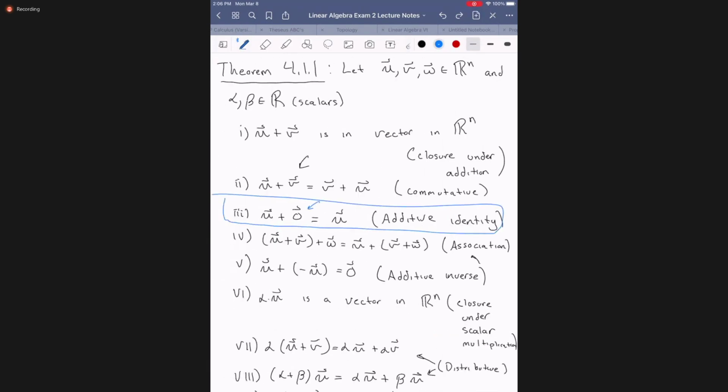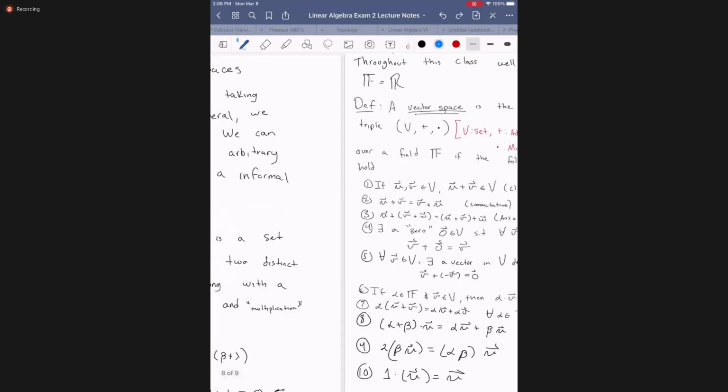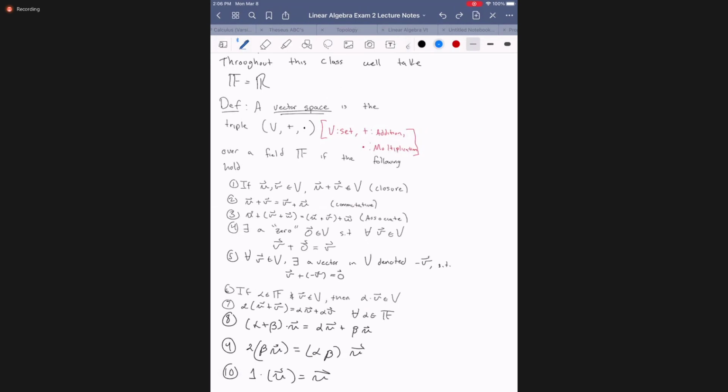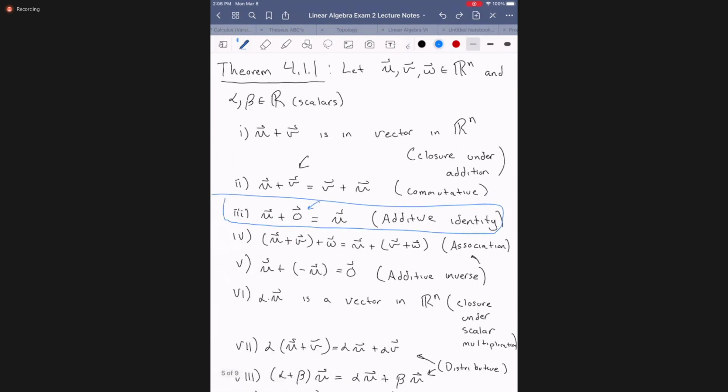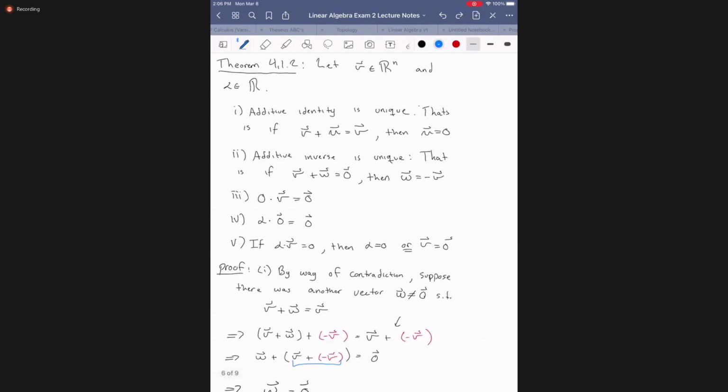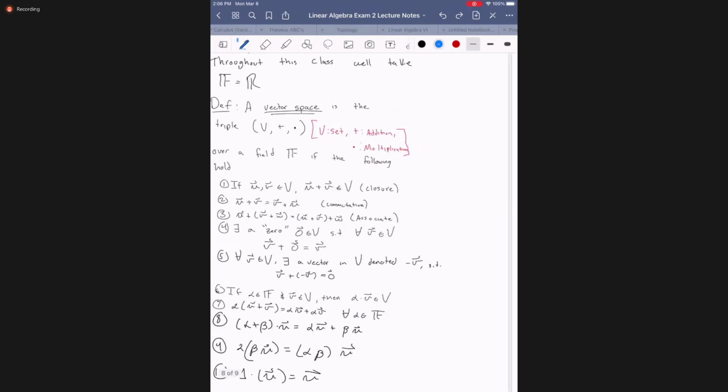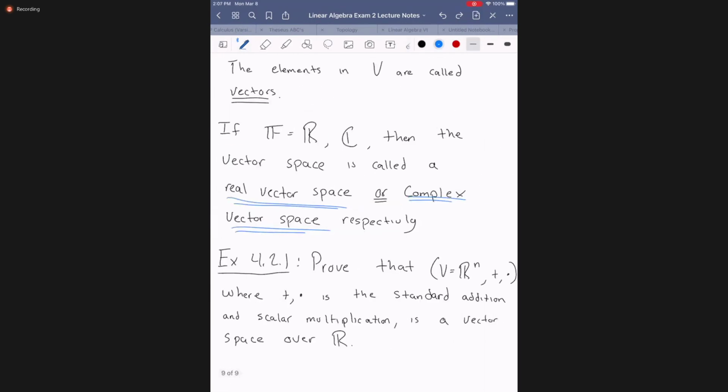Theorem 4.1.1, you see how it is identical to the conditions here. What I basically said in Theorem 4.1.1 is that R^n is a vector space under those addition and multiplication.